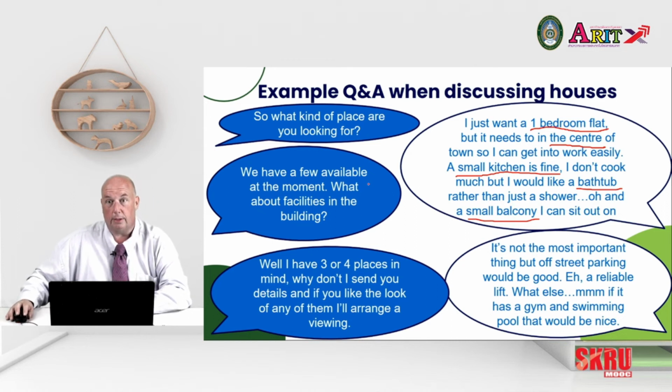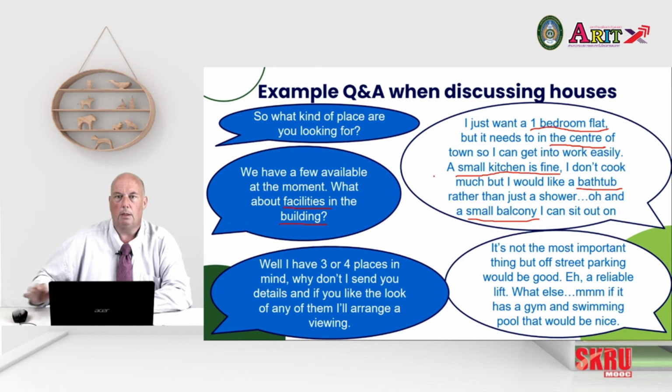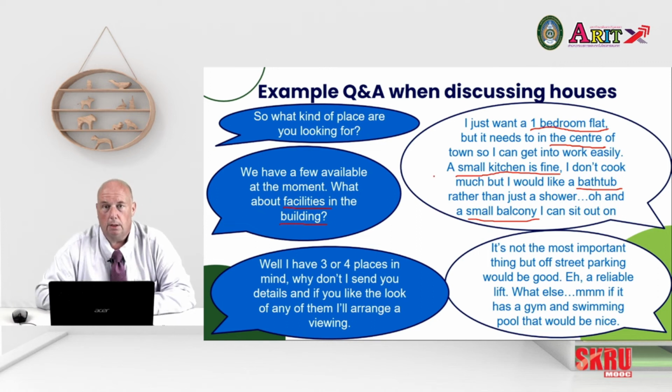The real estate agent thinks they have a few properties like that. Lots of apartments would fit this description. So he wants more information about facilities in the building. If you get an apartment, then the apartment building will come with different facilities.